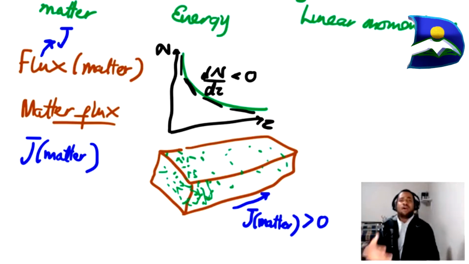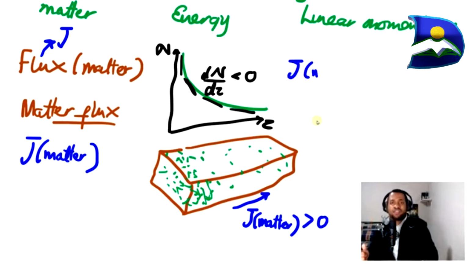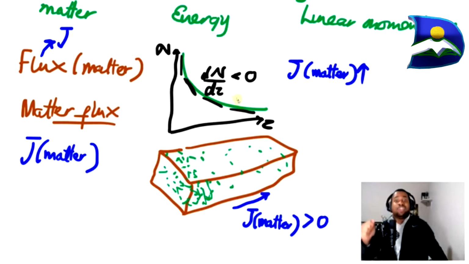Therefore, our derivative of the number of particles is less than 0, looking at this particular curve right there and taking the specific slopes. So, noticing this, we can lead to the conclusion that first, our flux, which is indicated here, is increasing as the derivative of our concentration is increasing, because we are going from larger values of negative numbers to smaller values of negative numbers based on the slope.